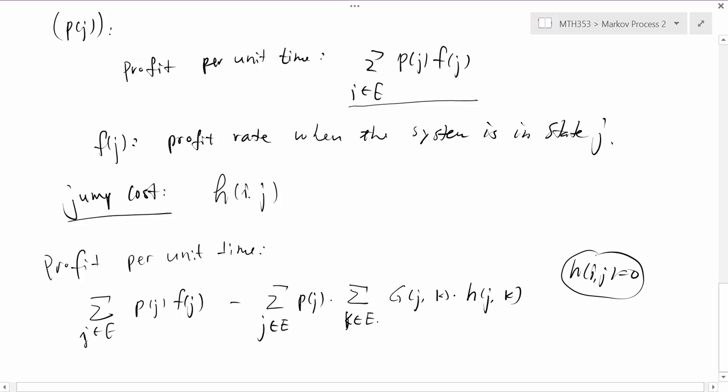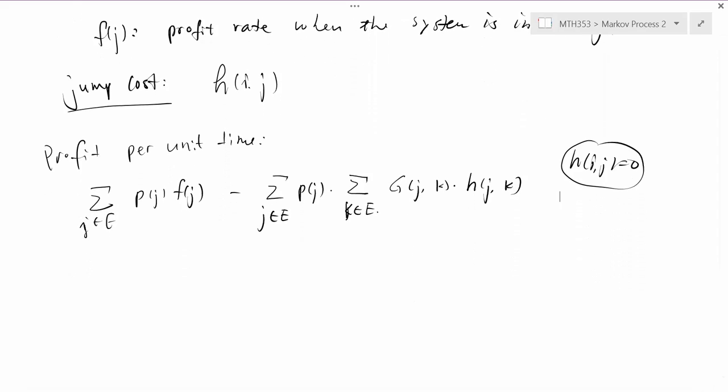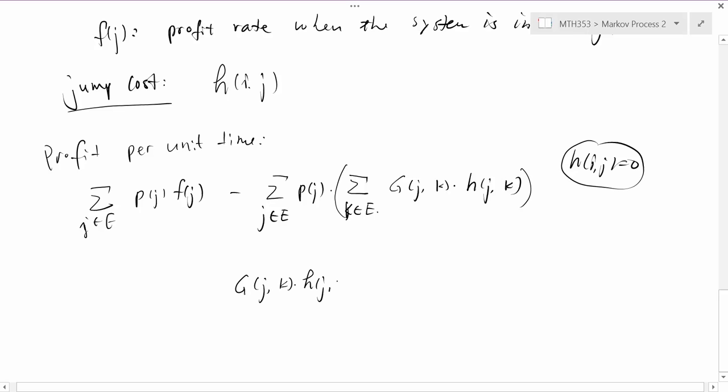Now, if you look at what we have inside, it's easy to understand, even though we cannot really prove it. If you think about what gjk times hjk is, this is simply lambda j times pjk times hjk. So we can see this is still about cost.